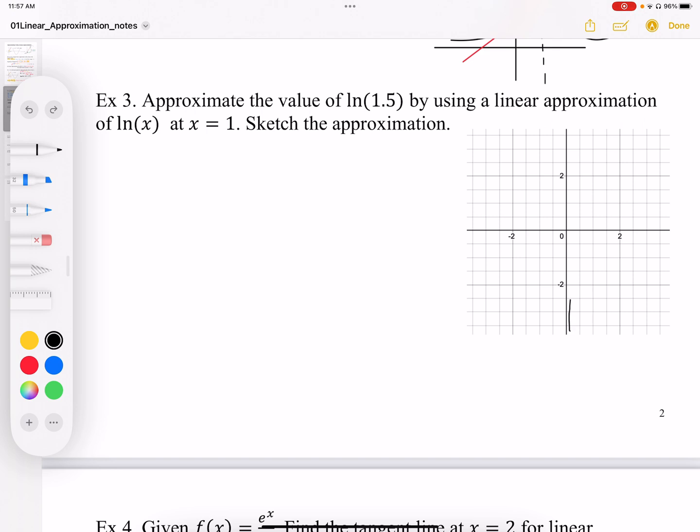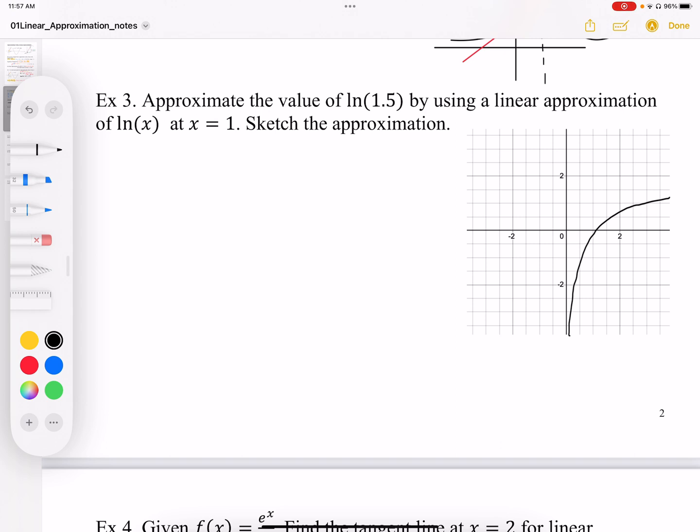It's going to look more like this. It's a little bit difficult to do, so I'm going to just freehand this. Okay, so there's our curve.